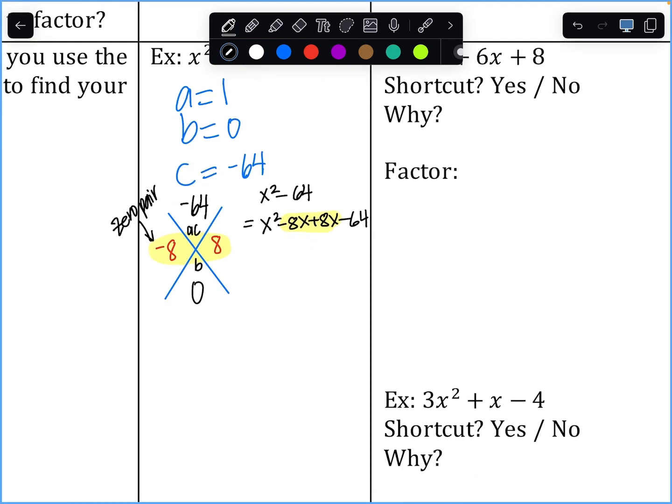So now we slap it into the box. We put our x squared minus 8x minus 64 and we find the factors. Does anybody know the factors?